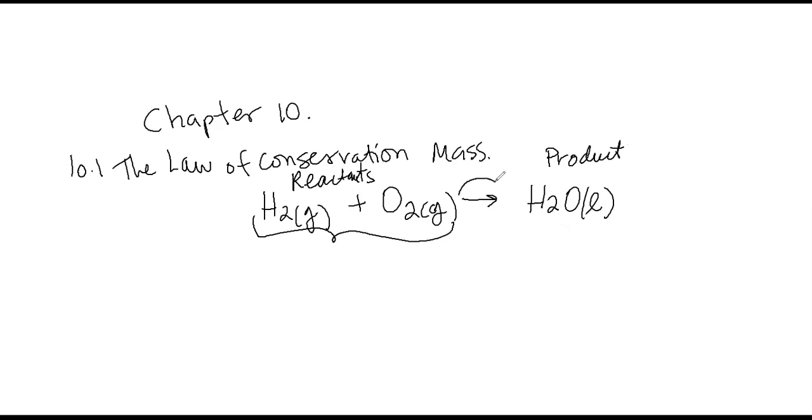And what does the arrow mean? The arrow means produces, or yields. You start with the reactants and then you get the products here.